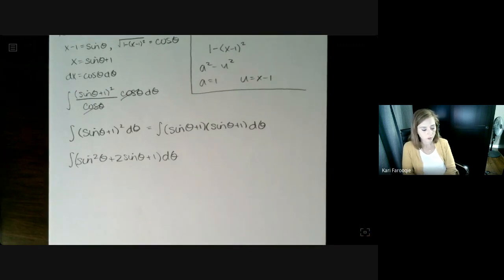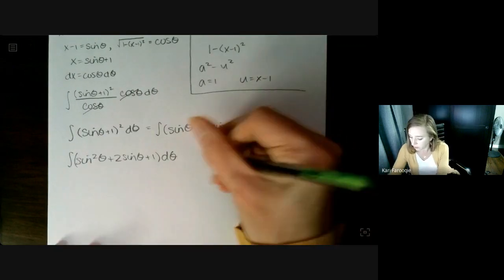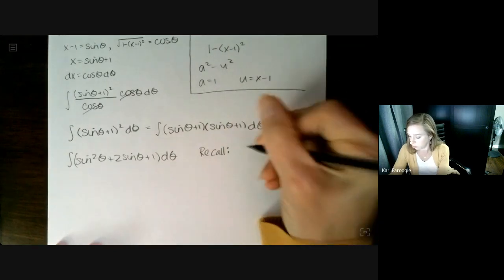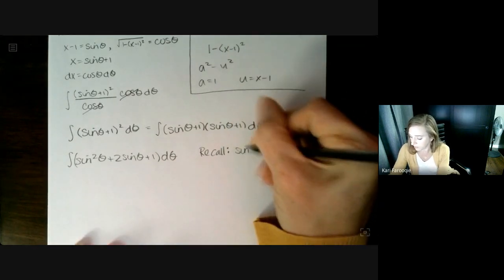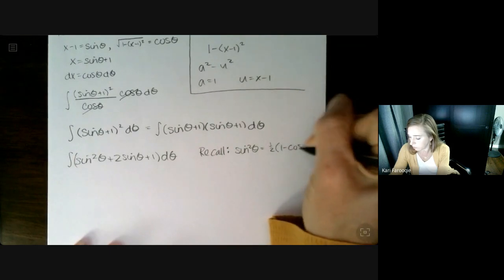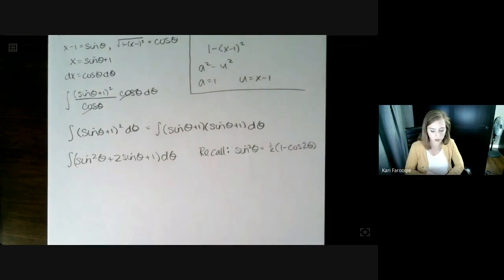We talked when we were looking at 7.2 about what to do when you have something in your integrand like sine squared theta or cosine squared theta. We use power reducing formulas to get these down to functions that were more easily dealt with. Recall, I know you probably used it so much on the homework, so it's very fresh in your mind, but sine squared theta is 1/2 times (1 minus cosine 2 theta).